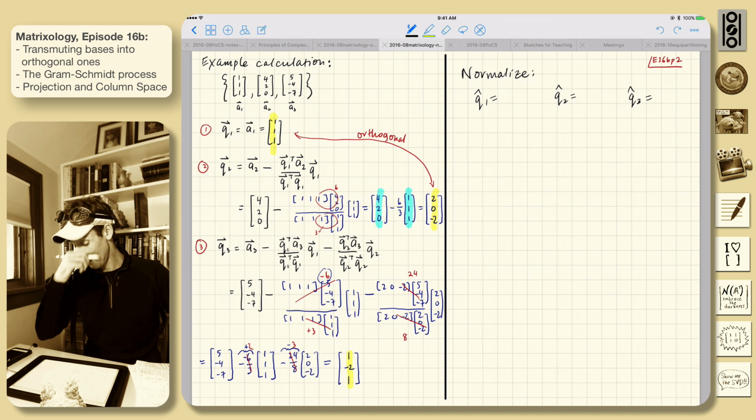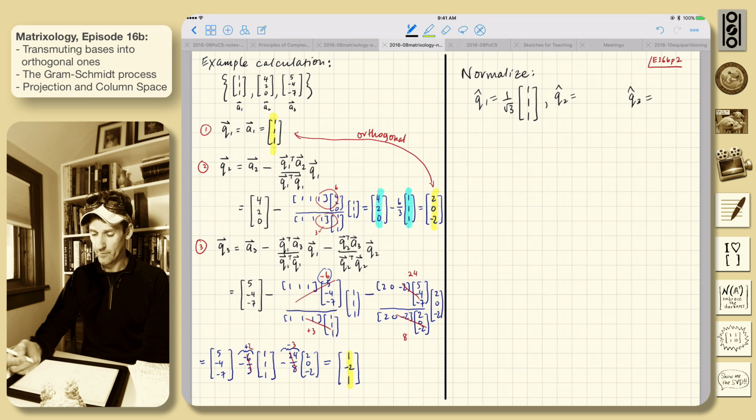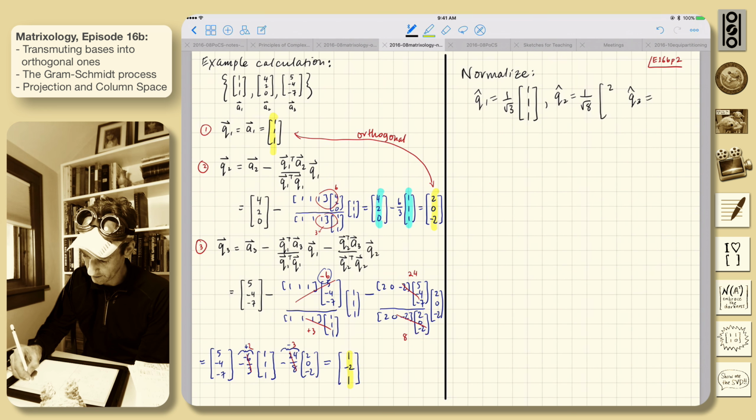So I'm just going to normalize, divide by their lengths. So 1 squared plus 1 squared plus 1 squared, square root of that. It's 3, right? And then we get a 1 over, so it's 2 squared plus 2 squared, so it's 8. Just write it like that. It's true, we could simplify that a little bit.